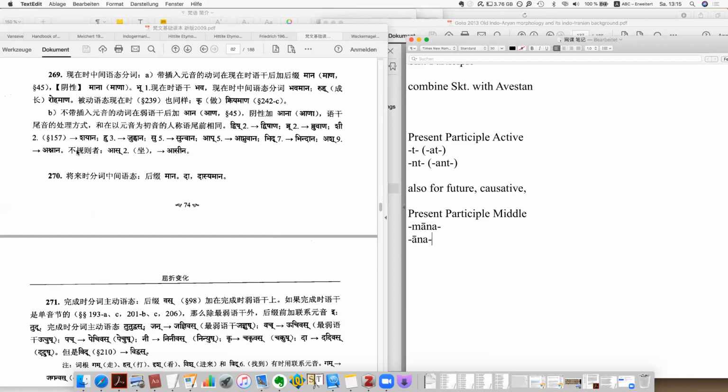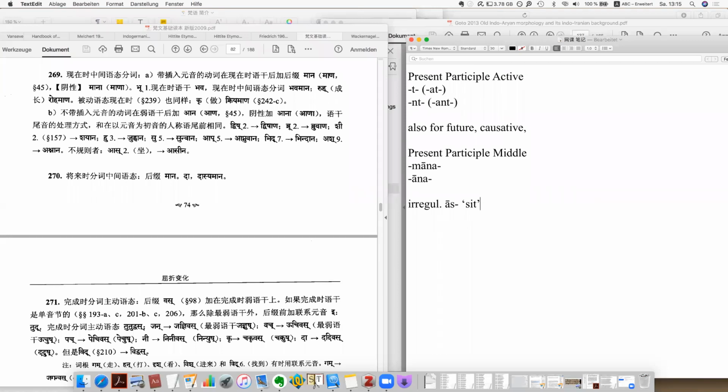And then there's something irregular called as, and for us you have asina, right? So there's an irregular form for us, and us means seat. It's a durative, seat. And I have explained a little bit about the word for seat in Indo-European languages.